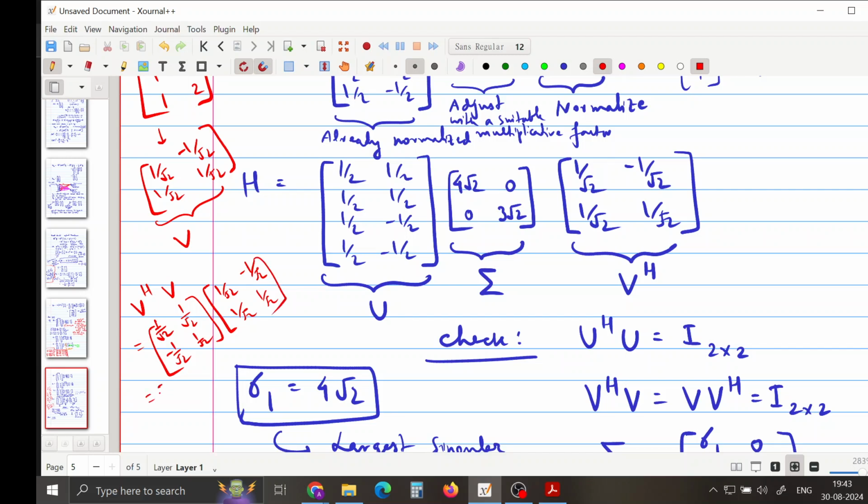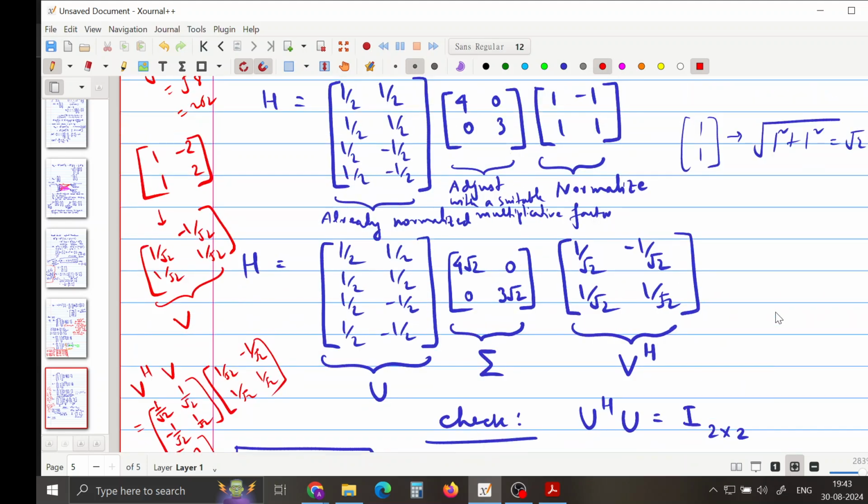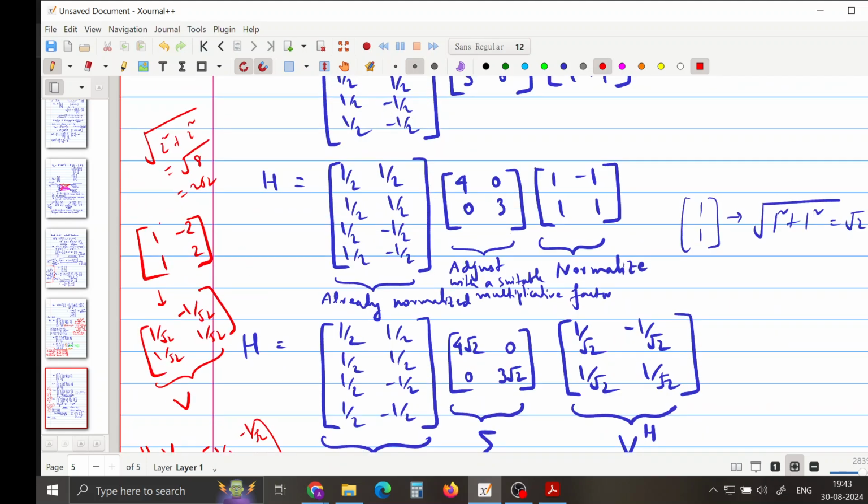So this will be half plus half, which is 1, this will be 0, this will again be 0, and this is again 1. So this is indeed giving me the identity. You can do it the other way also. Essentially what I am doing here is dividing the first column by root 2, but the second column by 2 root 2. So accordingly you have to adjust its pre-multiplying matrix. You have to be a bit careful about that. Nice that you mentioned this.